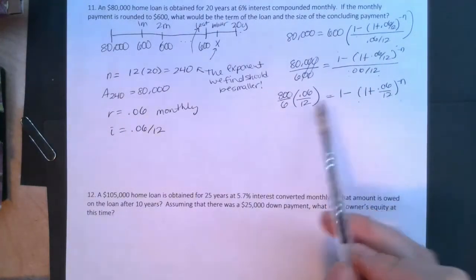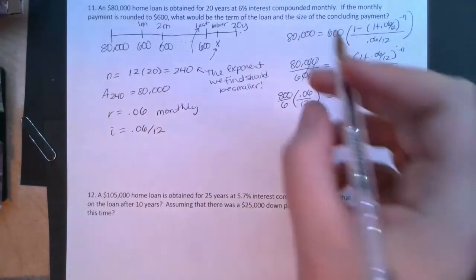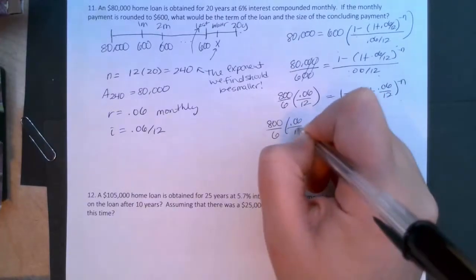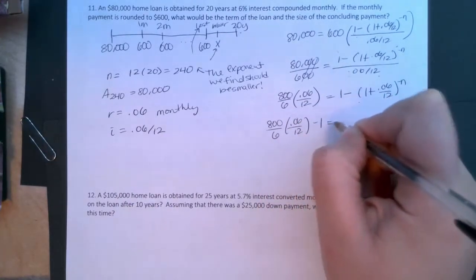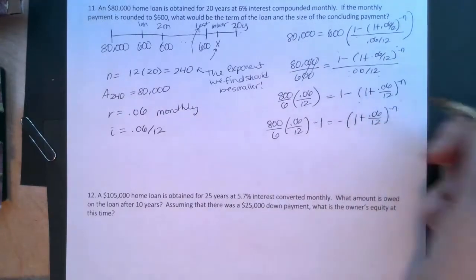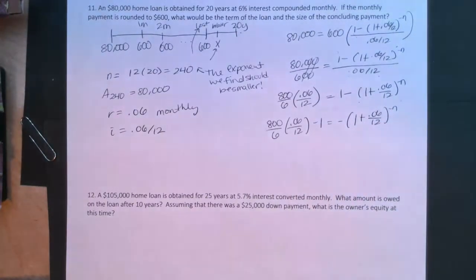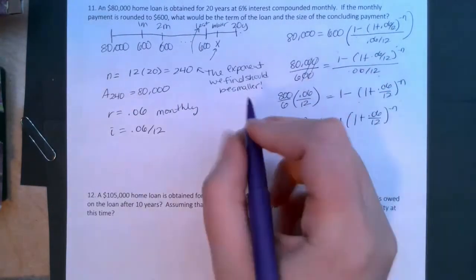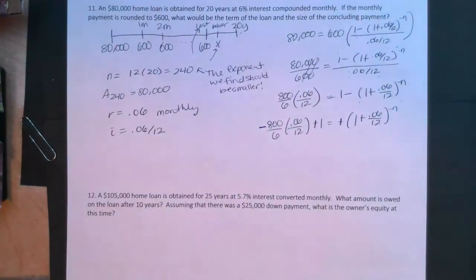So we have to move the 1 over to this side. So we do 800 over 6 times 0.06 over 12, minus 1, equals negative 1 plus 0.06 over 12 to the negative n. So now we want to get rid of that negative sign, so I'm going to take a different color and flip them, so that I know for my own sanity that I did it.